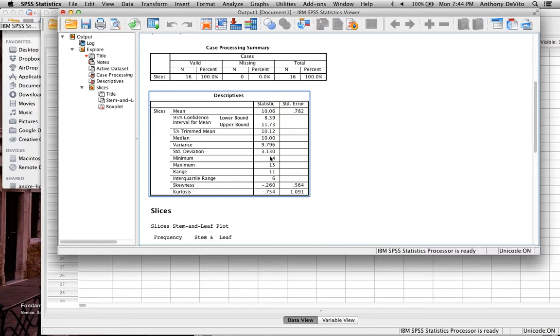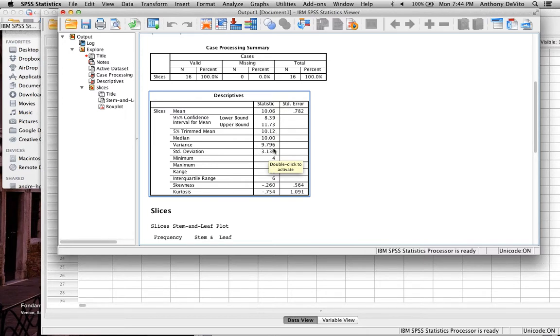If I knew the true standard deviation, if this standard deviation of 3 was the true population standard deviation for the whole city, how many slices different from 8 would I have needed in order to reject the null hypothesis?